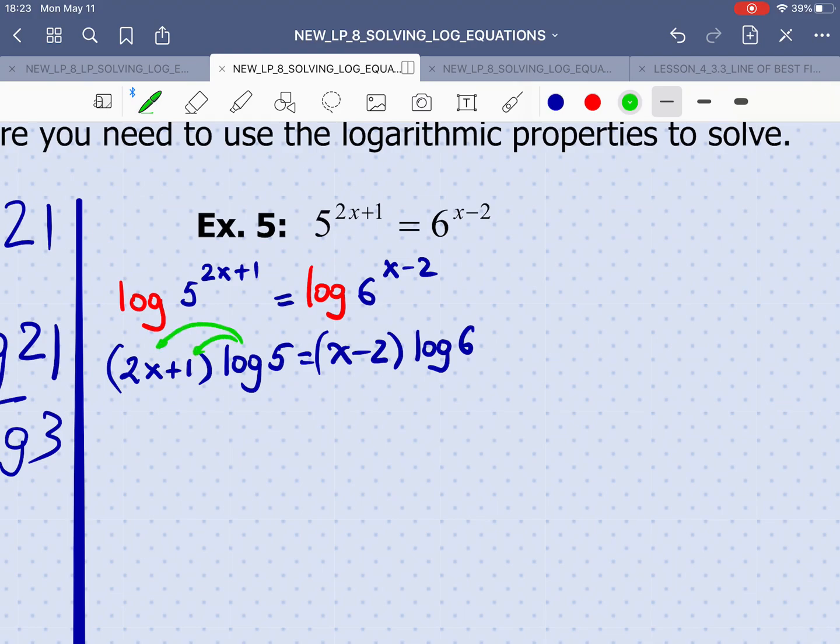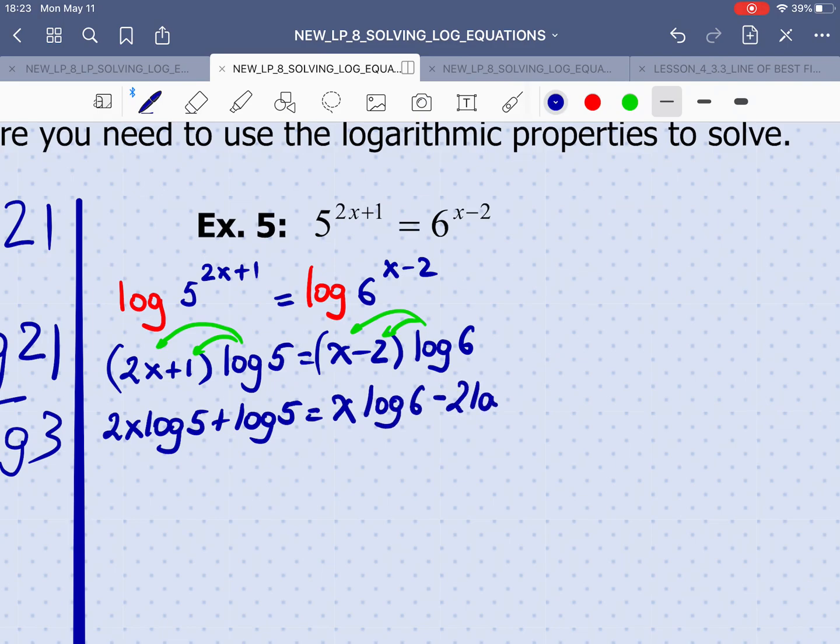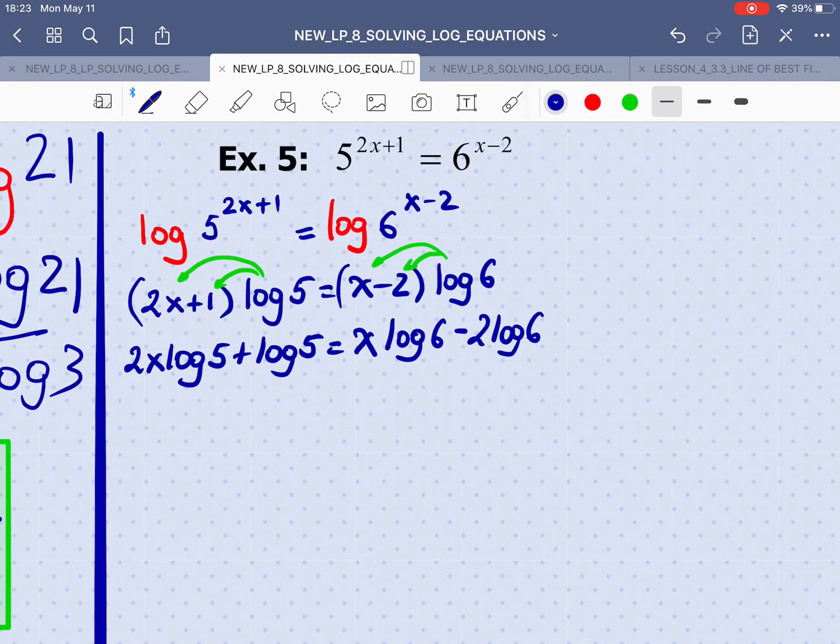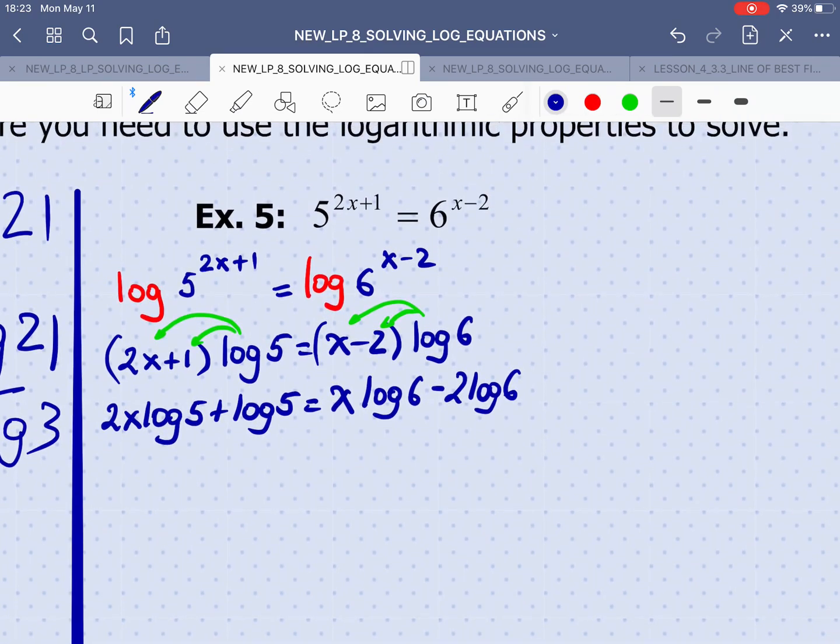Simply expand. So multiply, multiply. I know that it's an easy operation for us to see, but just because the terms are not simple numbers, that's why I'm pointing at them. So 2x log 5 plus log 5 equals x log 6 minus 2 log 6.